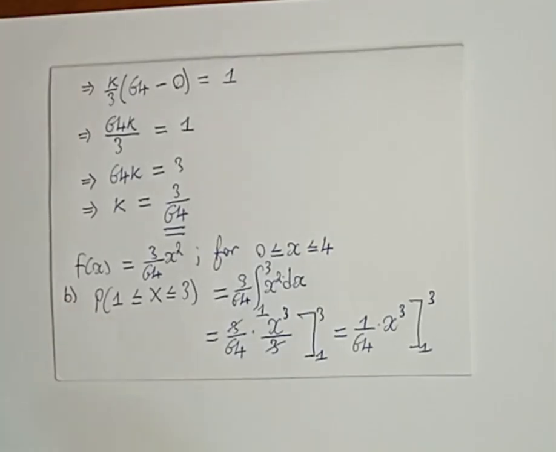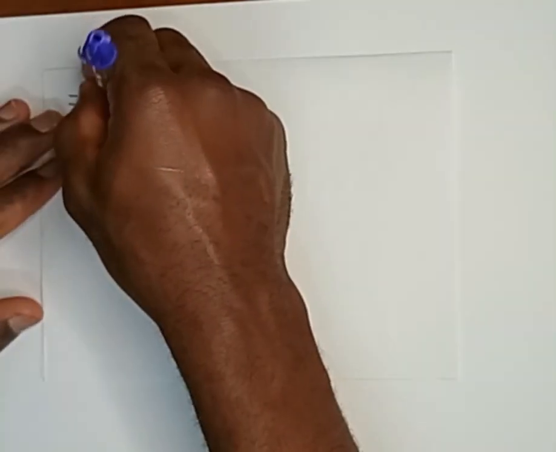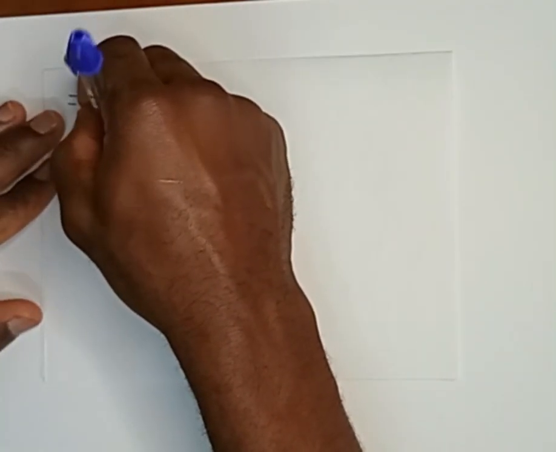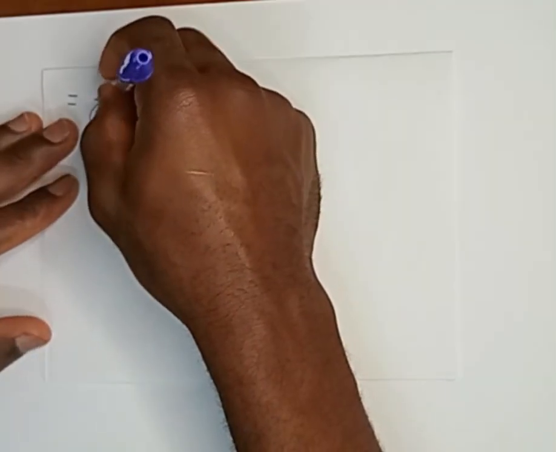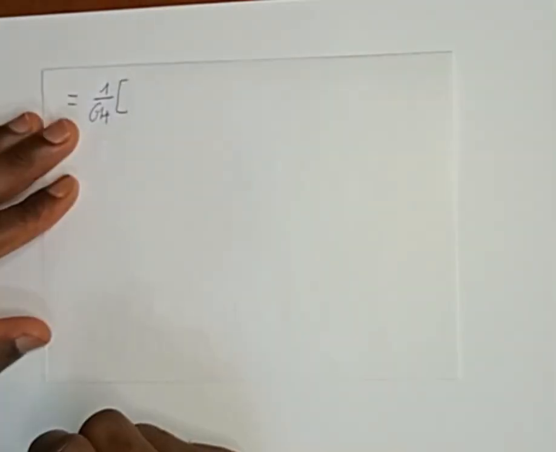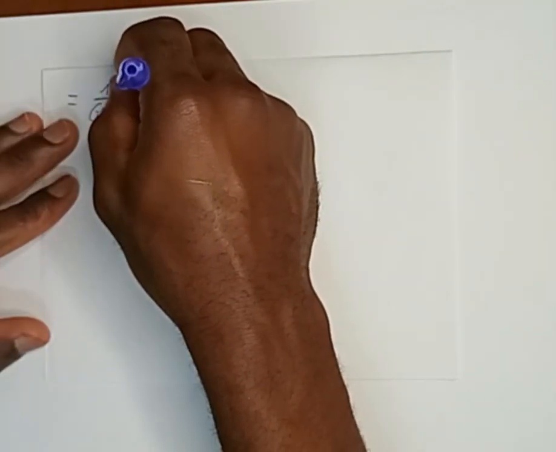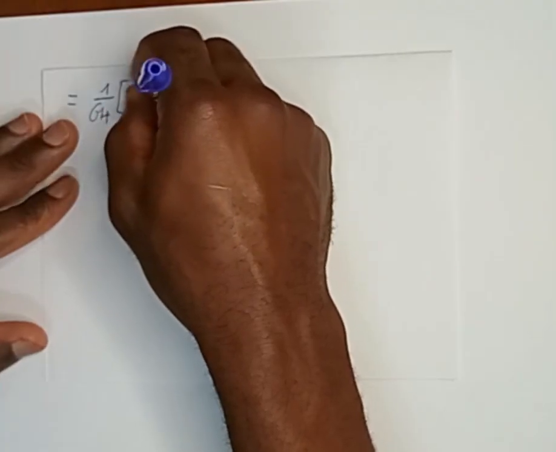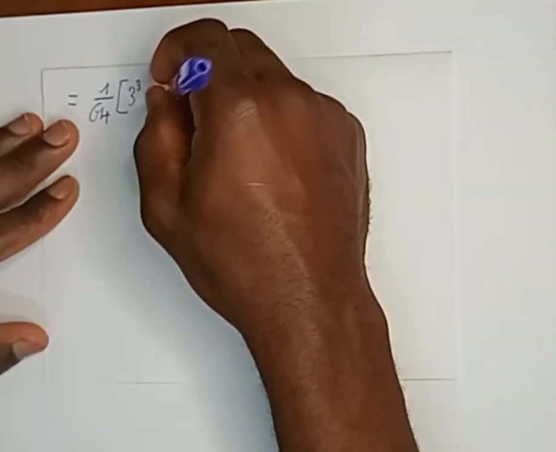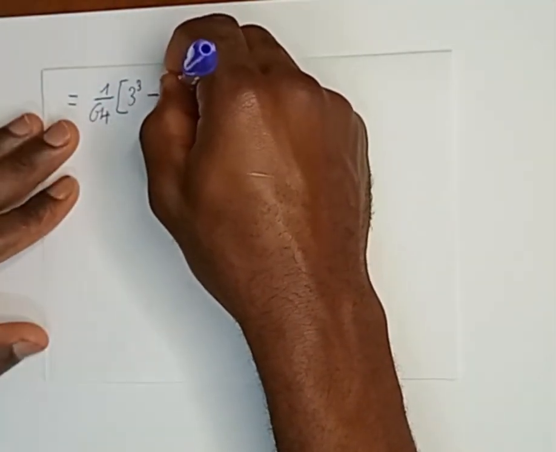Next step, we have to insert the upper and lower limits, then we simplify. This will simply be equal to 1 on 64. We open our bracket, we insert the upper limit first, 3 cube, minus, we insert the lower limit, 1 cube.